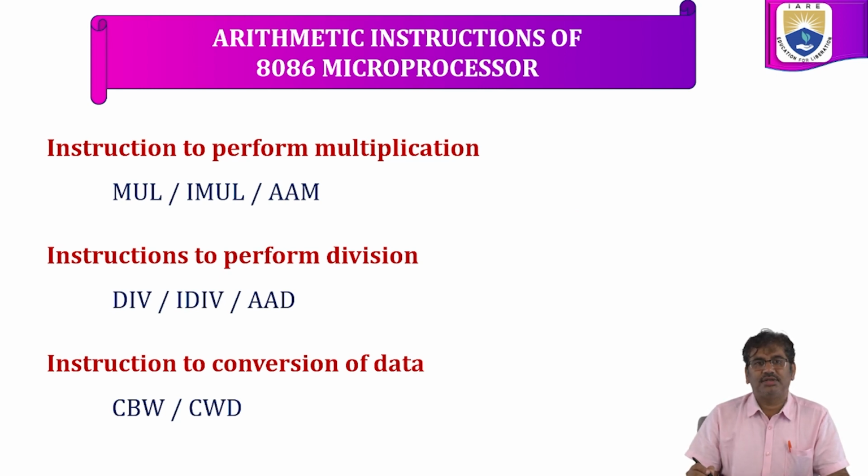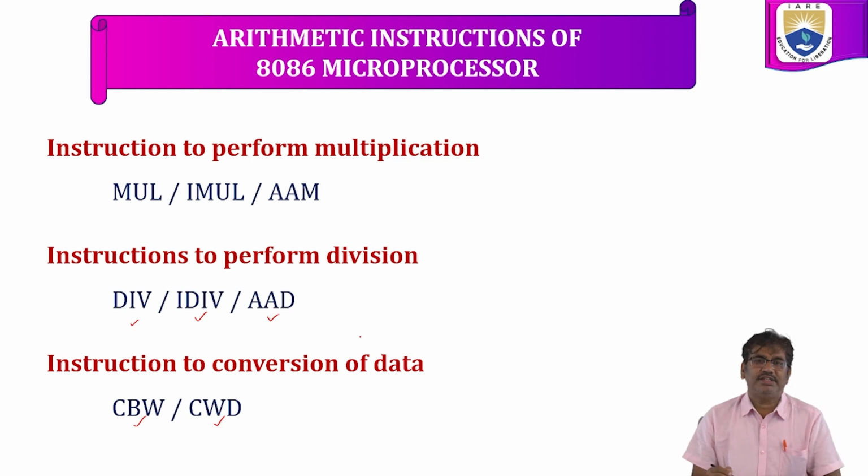Next, instructions related to division operations are DIV, unsigned division, IDIV, signed division, and AAD, ASCII adjust before division. Next, instructions for conversion of data: CBW, which is convert byte to word, whereas CWD is convert word to double word.